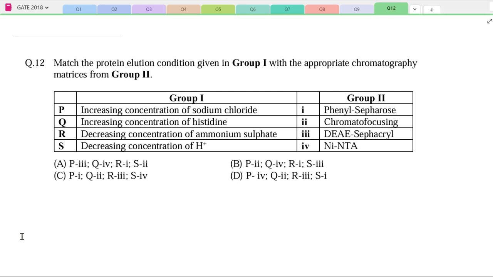Match the protein elution condition given in group 1 with the appropriate chromatography matrices from group 2. So this is a pretty simple question if you know the basic molecular biology techniques that we use for protein separation. So I would first start with histidine, because if you have high concentration of histidine, the Ni-NTA affinity chromatography column is used.